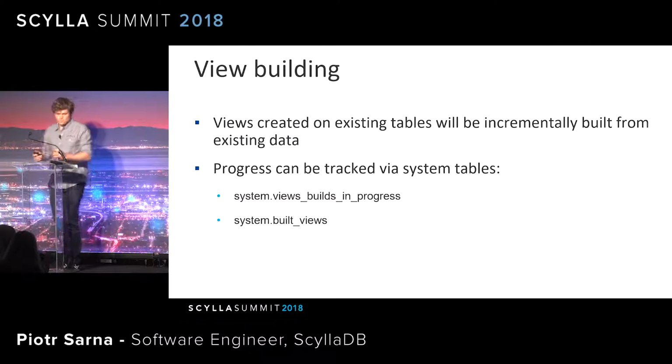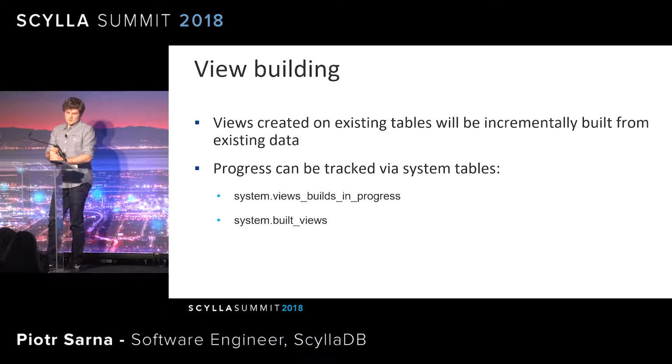View building. As I told you before, when we create views on a table with existing data, we need to build the index data as well. We need to fill it with what's already here. We can't just do it synchronously, because there could be gigabytes of data to be processed, to be rewritten into the view.